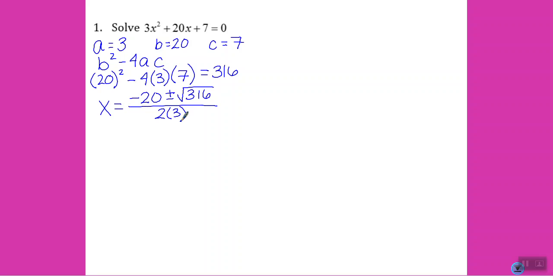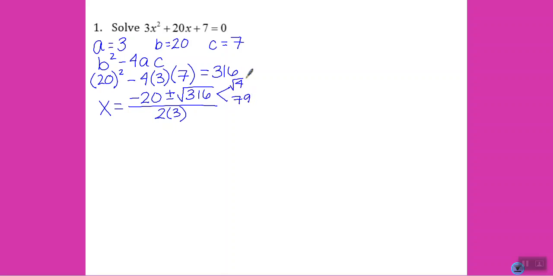So now we simplify. We need to simplify the square root, and we need to simplify 2 times 3. As we learned last class with simplifying radicals, we need to find the biggest perfect square that goes into 316, and in this case it is 4, and 316 is 4 times 79.